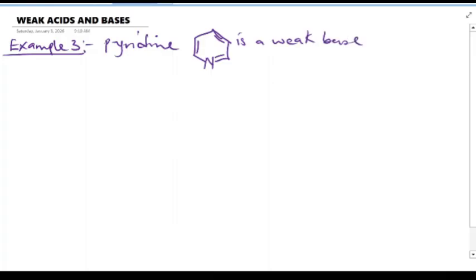Now, when pyridine reacts or is put in water, what you have, forward and backward reaction, is pyridine H plus and your OH minus. Note that the pH will still be above 7, the neutral pH.